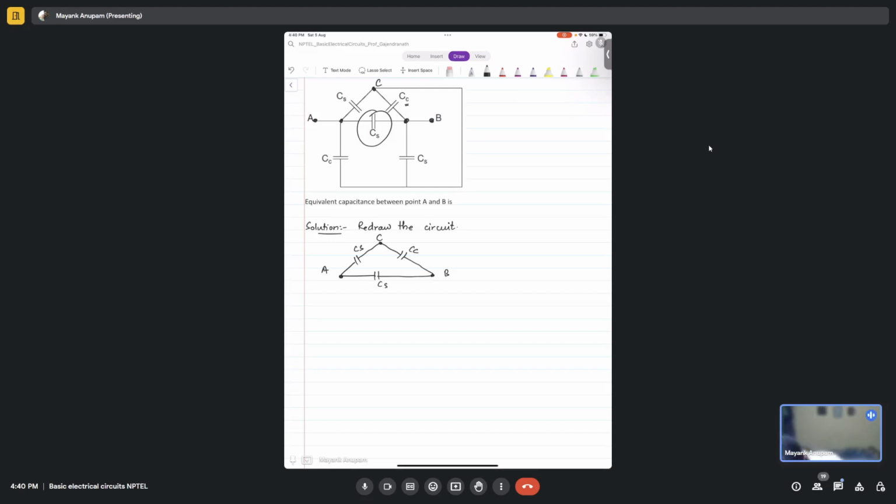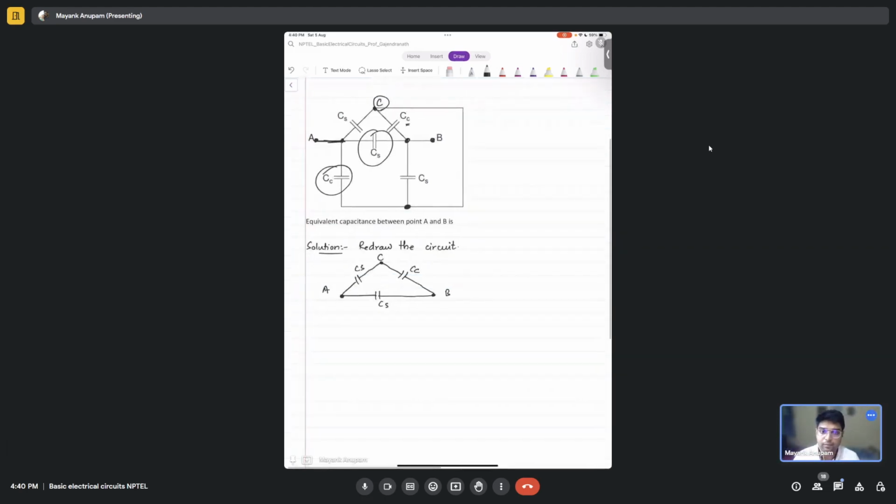Again let's take this one. This is connected to A, and the other terminal is this one, but this is again shorted with C only, correct? So again this CC here is connected between A and C. So let's connect CC here. Fine.